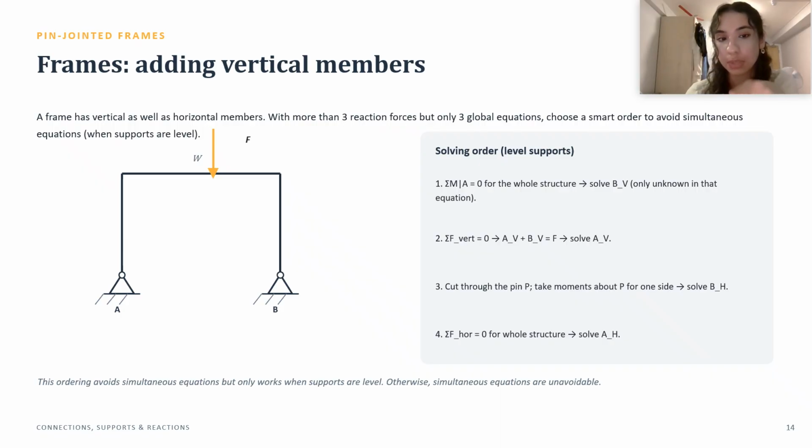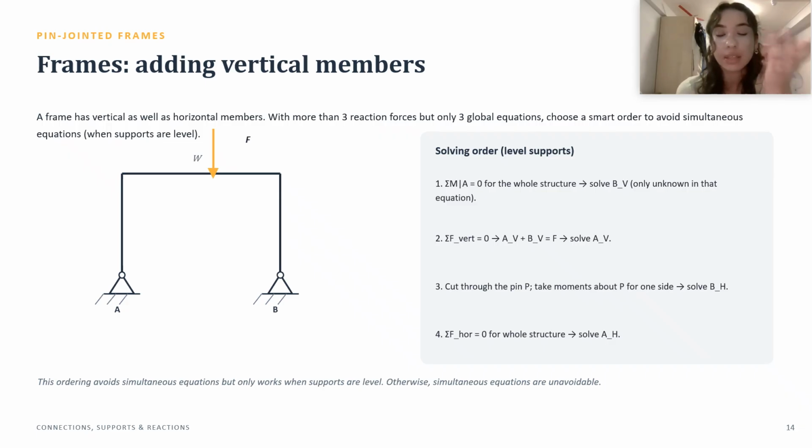So the distance between the force BV and A, then we get the moments of it, depending on if it's clockwise or anti-clockwise. We add it with the force F in the yellow arrow, and we get the moments about A, and then we make that equal to 0, and then we can solve for BV. So now we have BV.